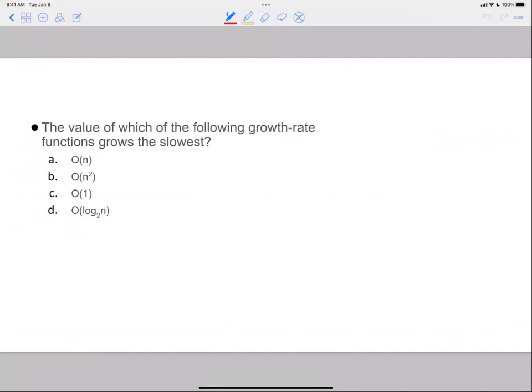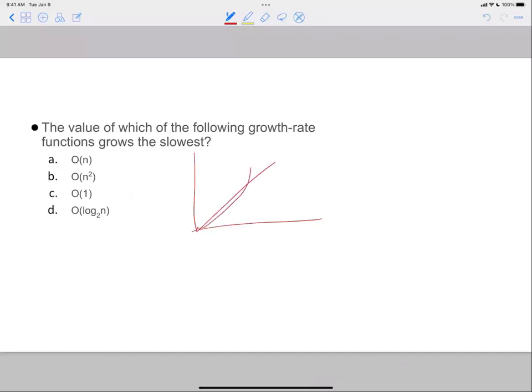Okay, the other question: the value of which of the following growth rate functions grows the slowest? So again, which one is slowest? I found that some students thought this was a kind of tricky question.